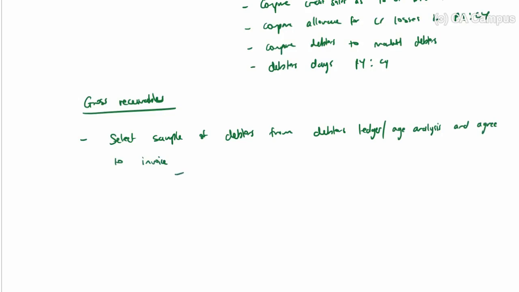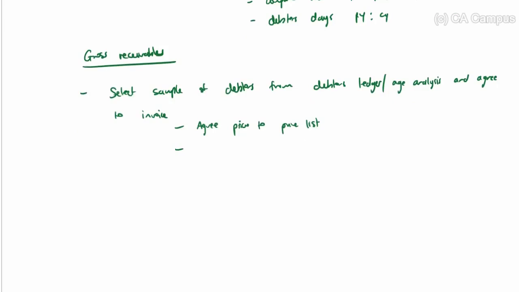Test the details of that invoice, guys. So agree the price to the price list, because it all depends on what type of data we're looking at here. So we've got to make sure it's the correct pricing for that data. I'm going to cast the invoice. I'm going to recalculate that if it is a local, which it has to be because I only have local debtors.